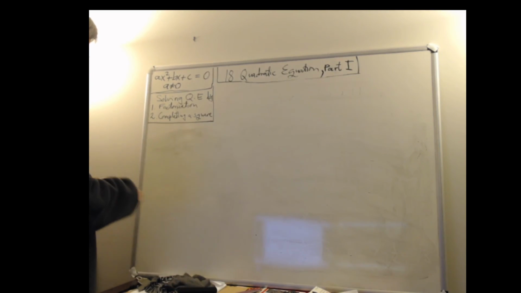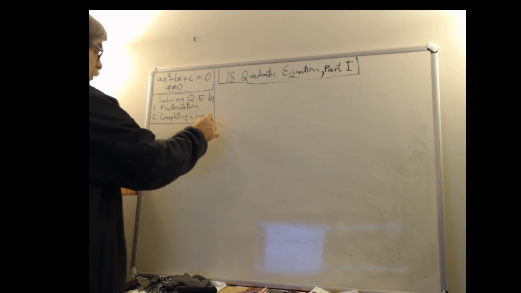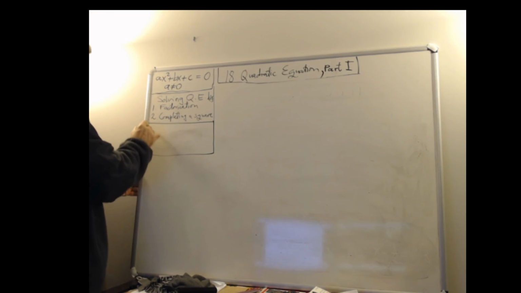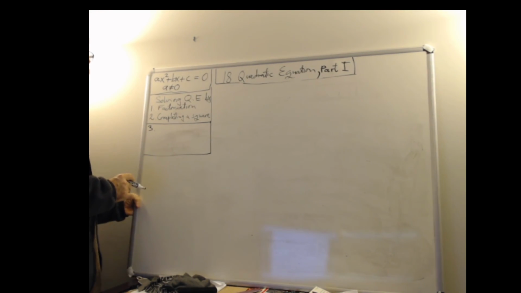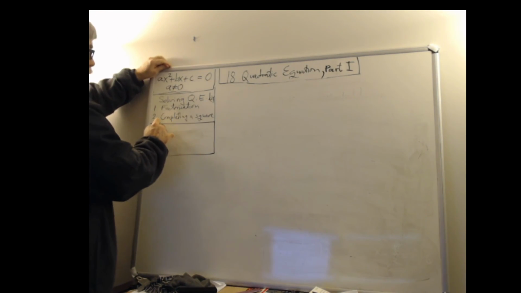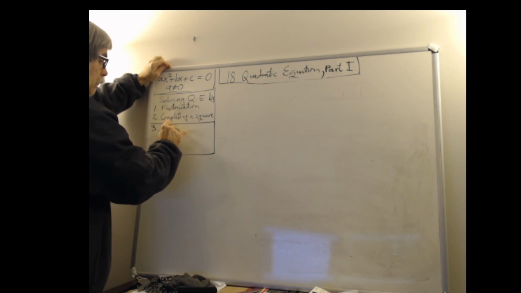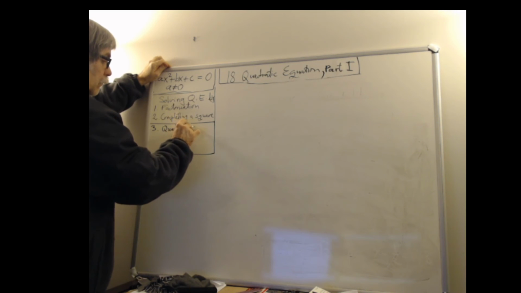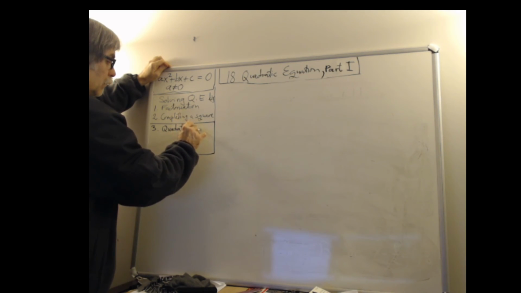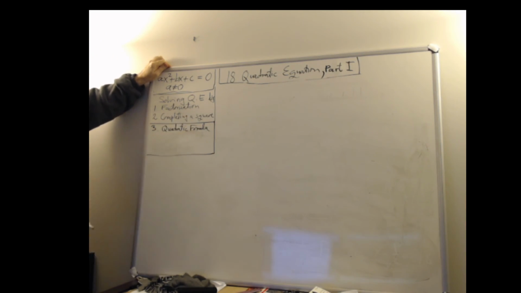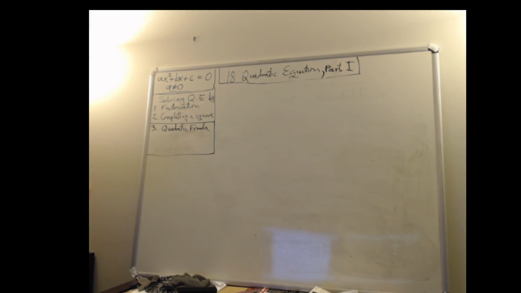So you can write that this is a third way of solving the quadratic equation, by the quadratic formula. So you have solving by factorization, solving by completing a square, and solving by quadratic formula.